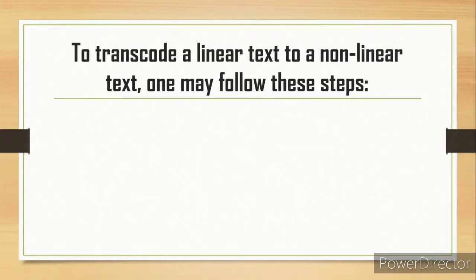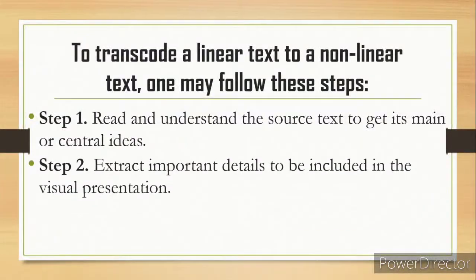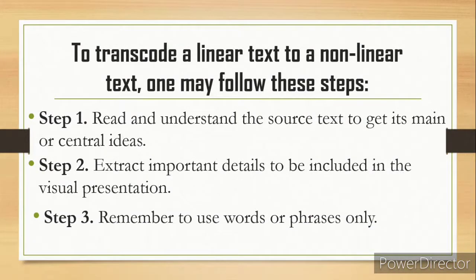To transcode a linear text to a nonlinear text, one may follow these steps. Step 1. Read and understand the source text to get its main or central ideas. Step 2. Extract important details to be included in the visual presentation. Step 3.